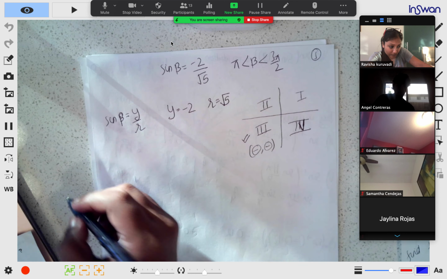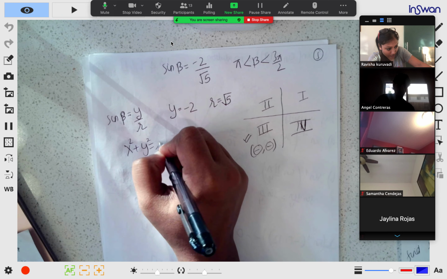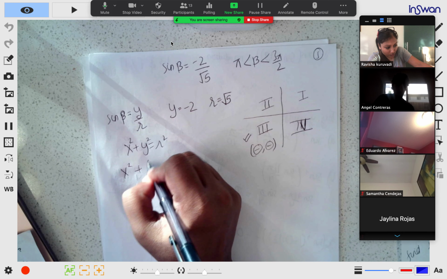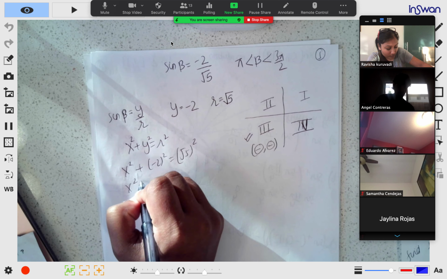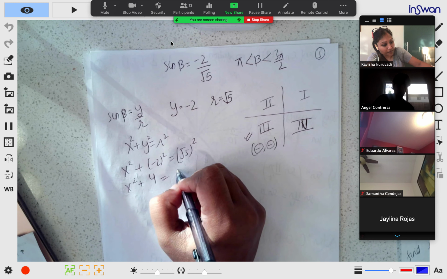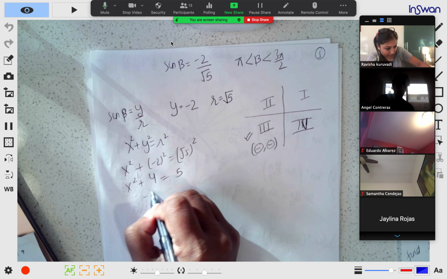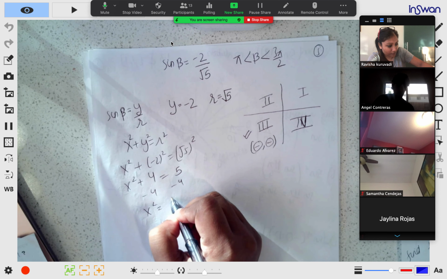X squared plus y squared equals r squared. So you get x square plus -2 square is equal to root 5 square. What is -2 square? 4. And root 5 square? 5. Then I subtract 4, you get 1.